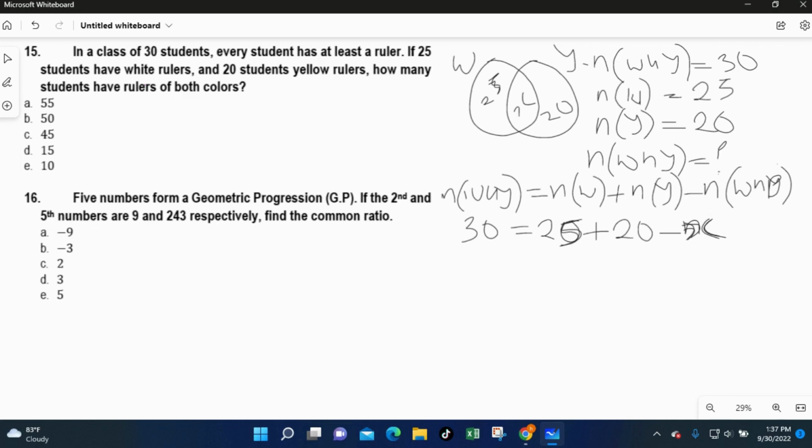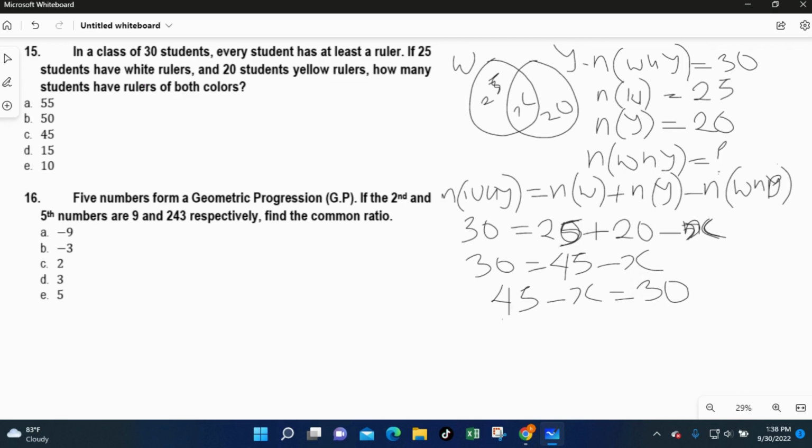Simplifying this, we have 30 equal to 25 plus 20, which gives us 45, minus x. We are looking for the value of x. So 45 minus x is equal to 30.